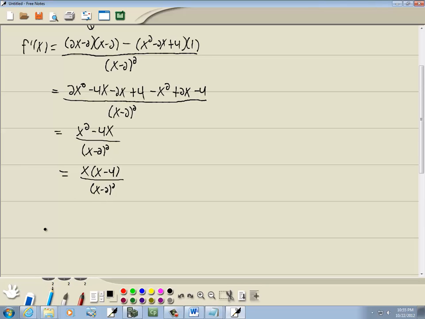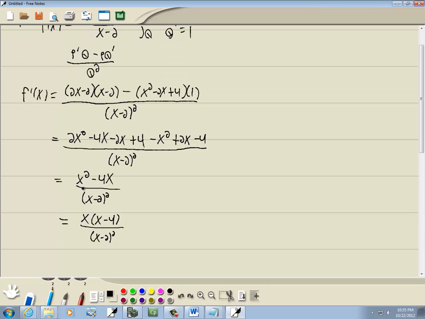Okay, so now we're ready to find our critical values. When you're dealing with a fraction, to find your critical values, you set your top part equal to 0 and you set your bottom part equal to 0. So we're going to take x times x minus 4, set equal to 0. And we'll take the x minus 2 squared and set equal to 0. Now, x times x minus 4 is already factored, so all I have to do is set each factor equal to 0.